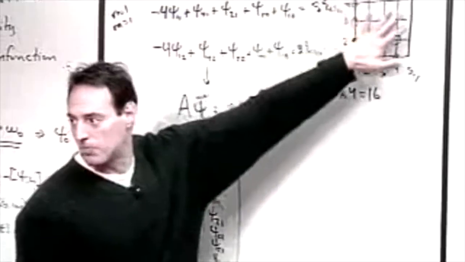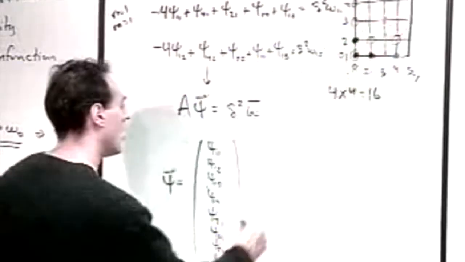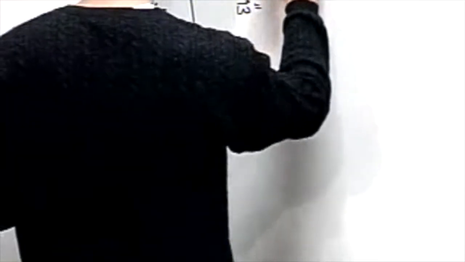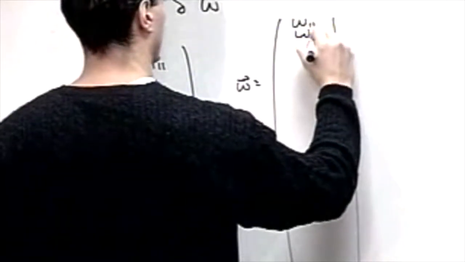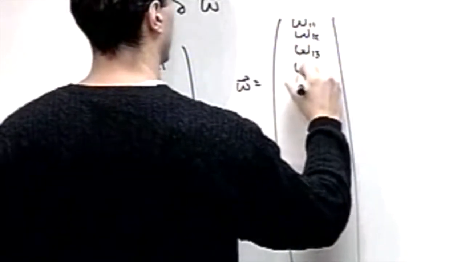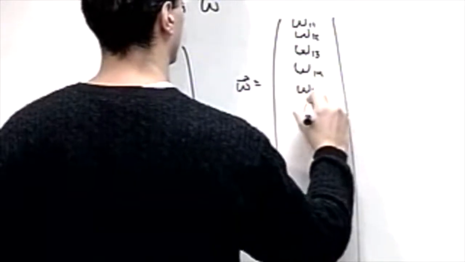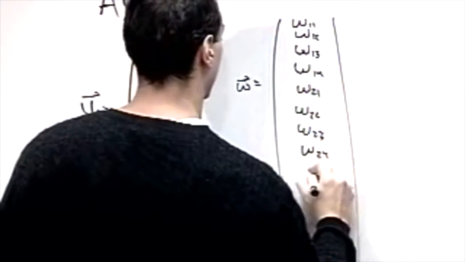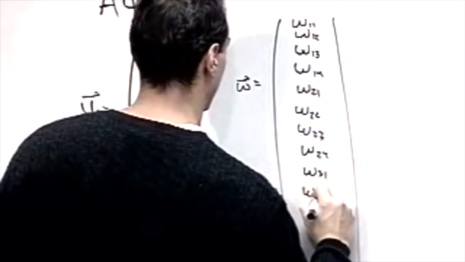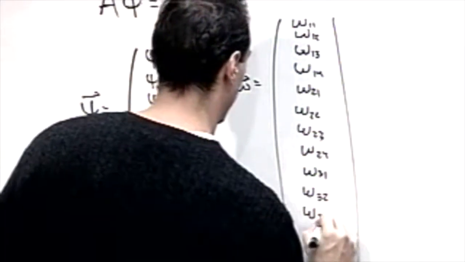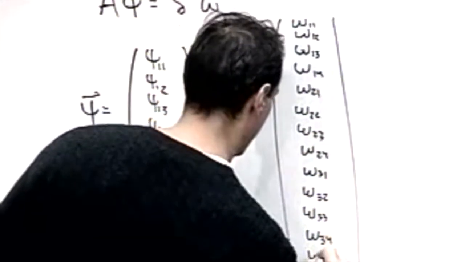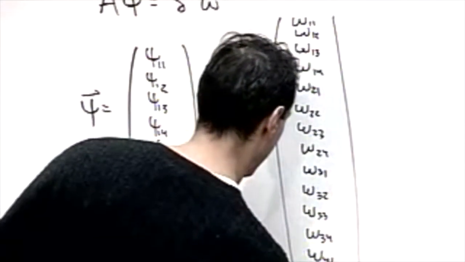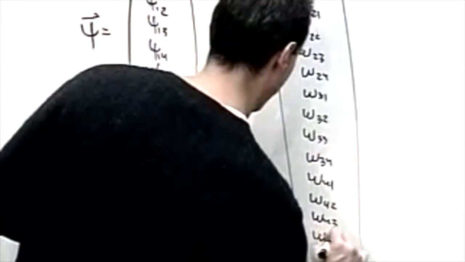These give me all these points. Omega is the corresponding vorticity values at these points. So omega 1,1, omega 1,2, omega 1,3, omega 1,4, 2,1, 2,2, 2,3, 2,4, 3,1, 3,2, 3,3, 3,4, 4,1, 4,2, 4,3, 4,4.